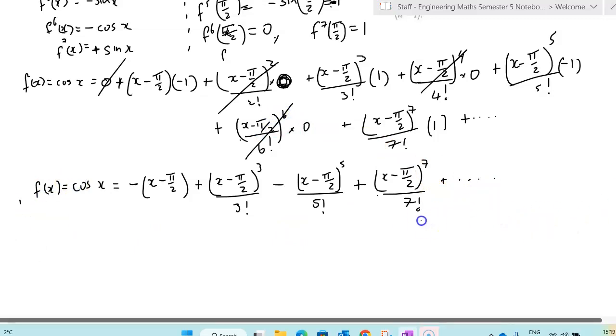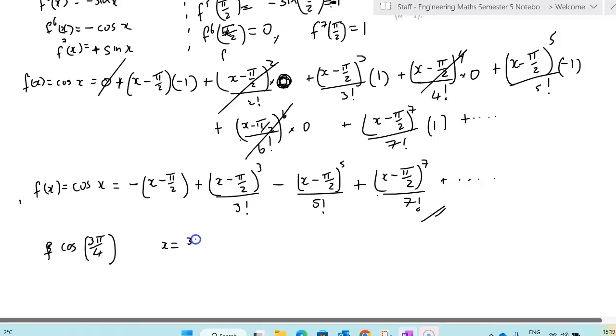The next thing is, I'm skipping part 2, but part 3 is, according to the question, we had to find cosine of 3 pi over 4. That means we look at this one here, and instead of putting in x, we put 3 pi over 4.